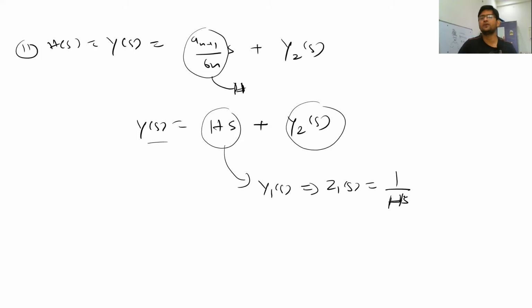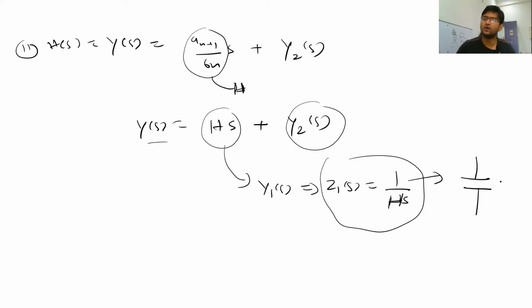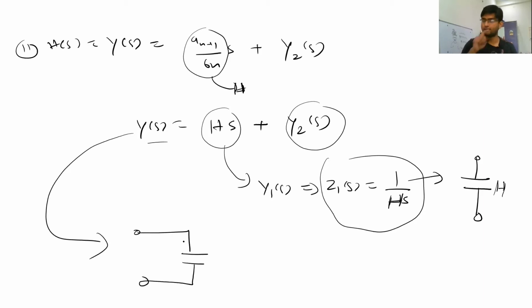So what does this 1 upon H s represent? Is it a capacitor, a resistor or an inductor? This is basically a capacitor whose value is H. So don't confuse it with the notations. If we want to represent this circuit in physical form, we will have to take a capacitor, and remember the admittances are adding, so you will have to take these components in parallel.